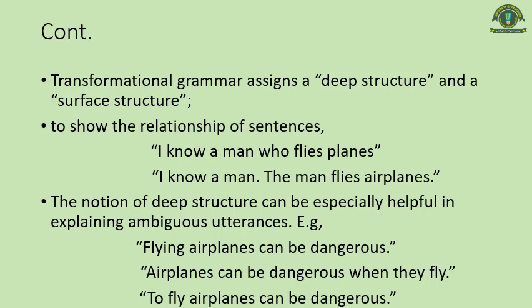The notion of deep structure can be especially helpful in explaining ambiguous utterances. For example, flying aeroplanes can be dangerous may have a deep structure or meaning like aeroplanes can be dangerous when they fly, or it can be to fly aeroplanes can be dangerous.